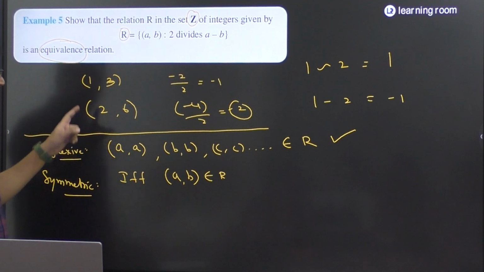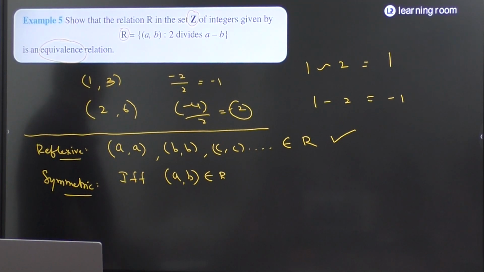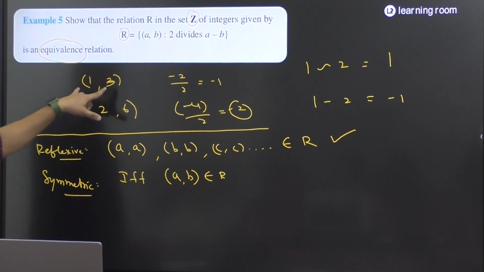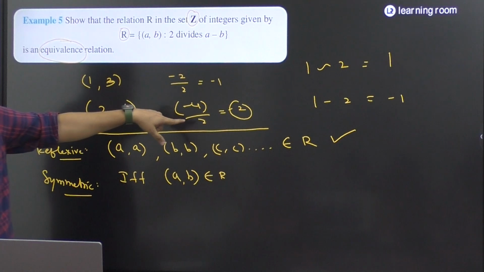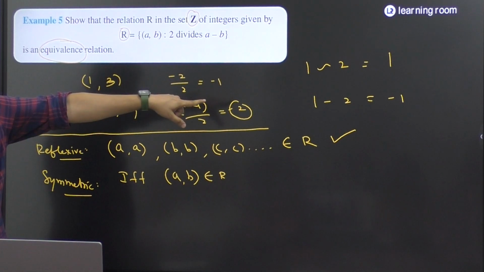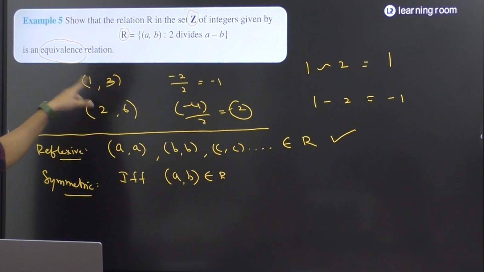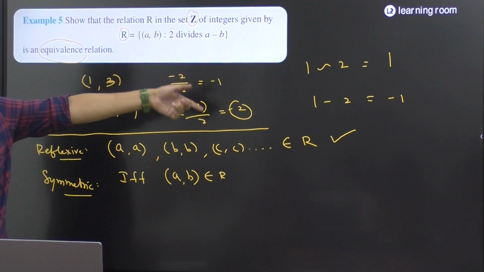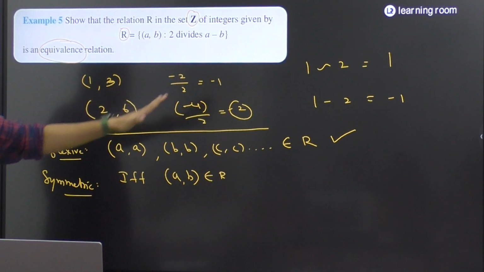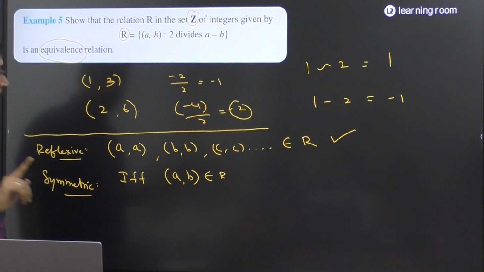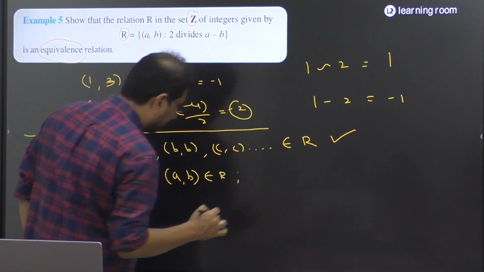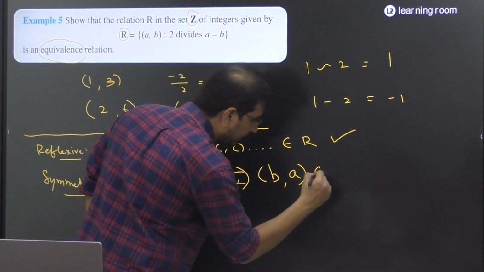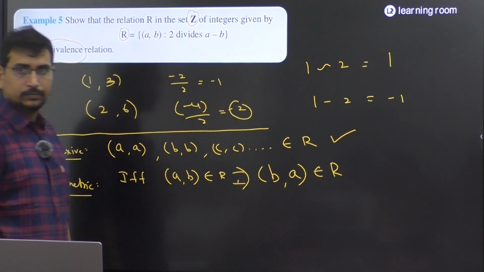For example, if I take (1, 3), will I have the ordered pair (3, 1) also existing? Why? Because 1 minus 3 is minus 2, divided by 2 is minus 1, which is divisible. Similarly, (3, 1) is going to give me plus 2, which is again remainder 0. It is still existing. Wait, I'll ask you one question at the end. Concentrate. This implies (b, a) also belongs to R. Yes, it is right.